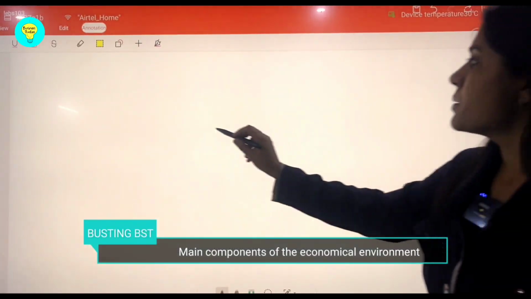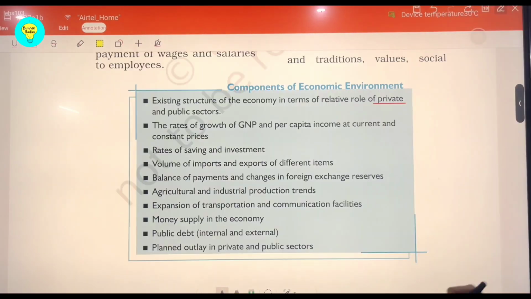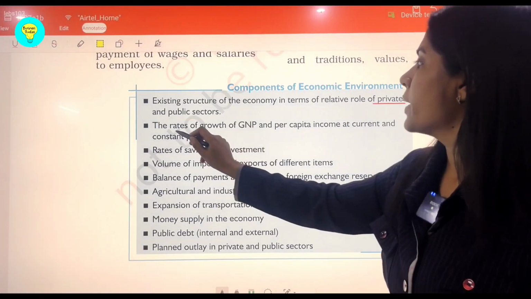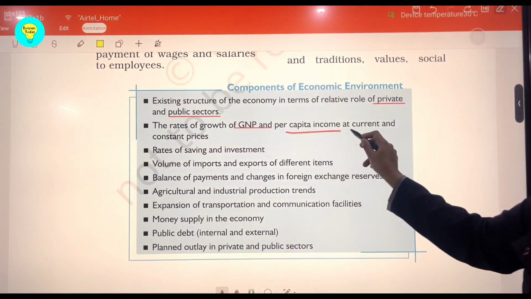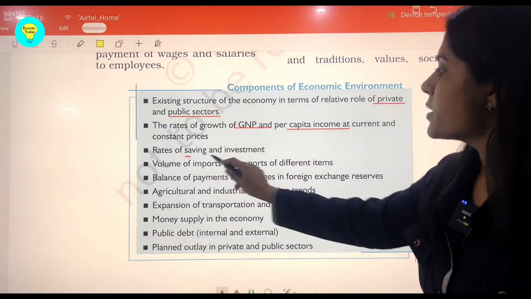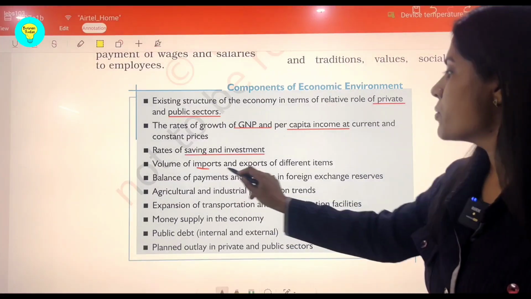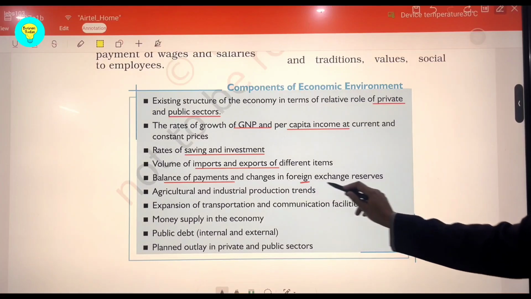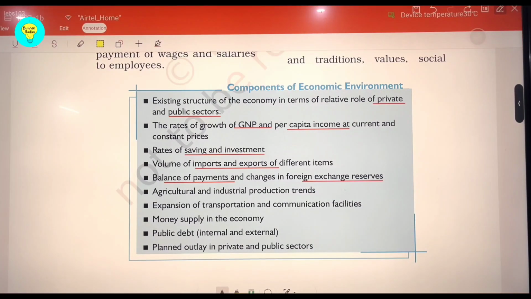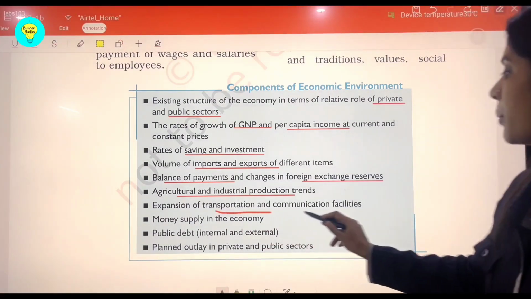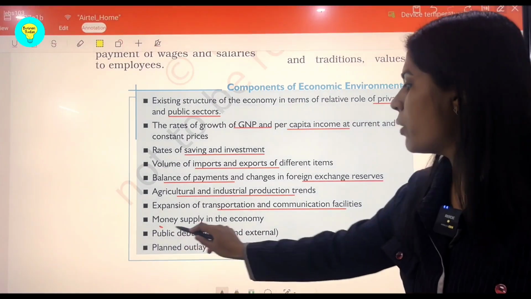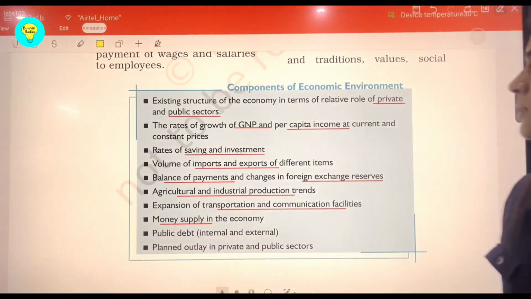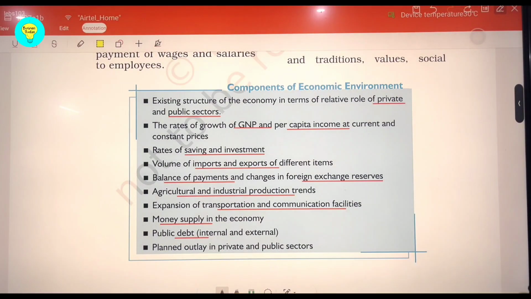Private and public sectors. Then you see the rates of GNP, GDP, per capita income, the savings and investments, imports and exports, the balance of payments, or we can see through the foreign exchange reserves, the agricultural and industrial productions, the expansion of transportation and communication facilities, money supply in the economy, debt structure, internal and external, and similarly their effects in different private and public sectors as we discussed.